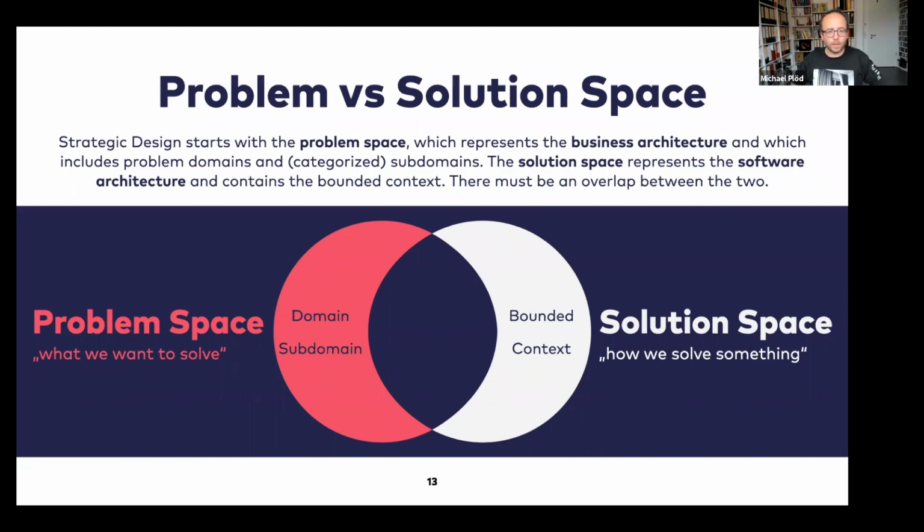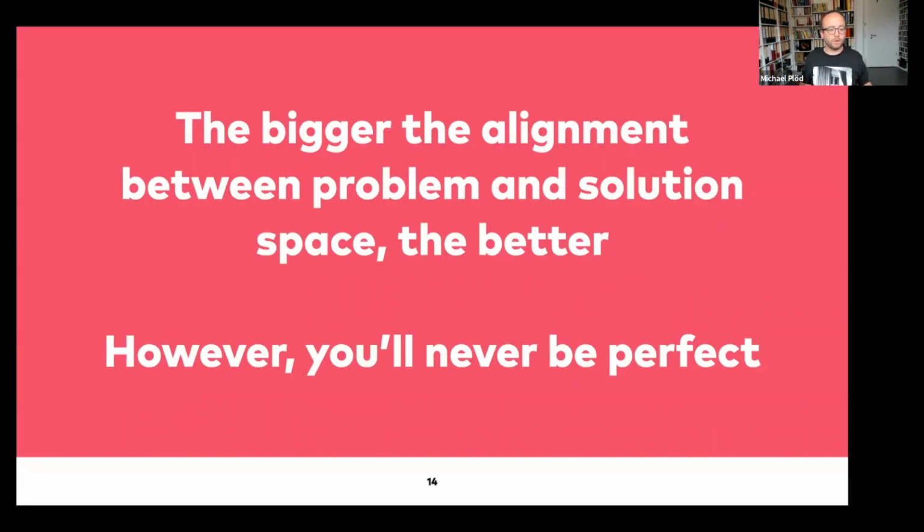And the corresponding element in the domain-driven design world here is the bounded context. So what you want to achieve between those areas is an alignment that is very big. The bigger the alignment between the problem and the solution space, the better.